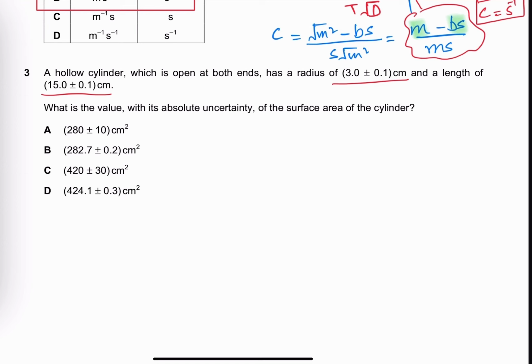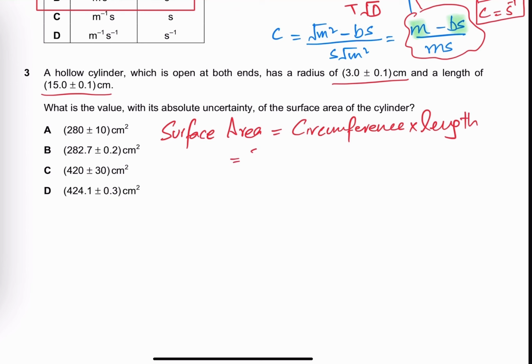Surface area of the cylinder is equal to circumference multiplied with the length.